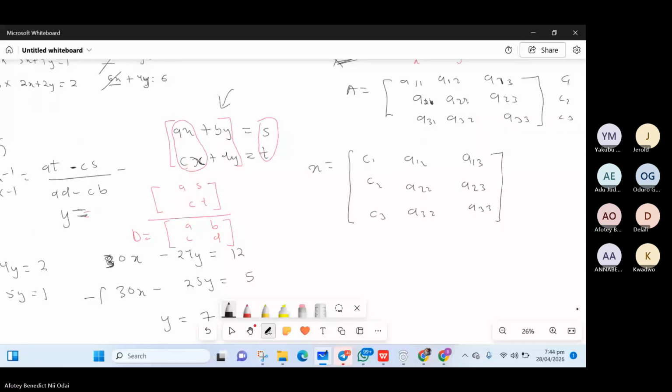Over what? Remember that we also have the determinant of the original matrix that we have over here.